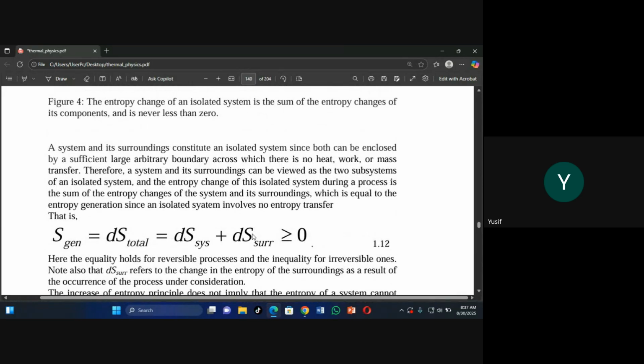Now, a system and its surroundings constitute an isolated system, since both can be enclosed by a sufficiently large arbitrary boundary across which there is no heat, work, or mass transfer. Therefore, a system and its surroundings can be viewed as the two subsystems of an isolated system.